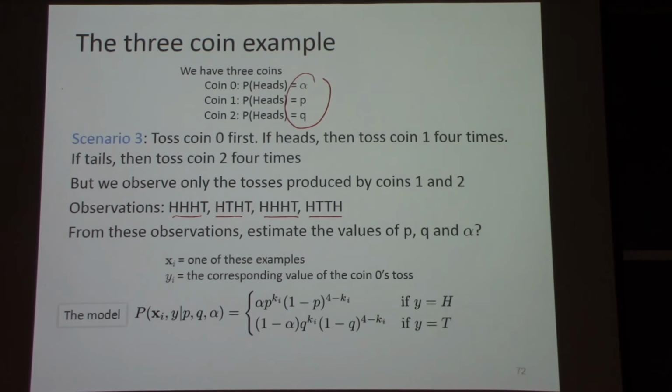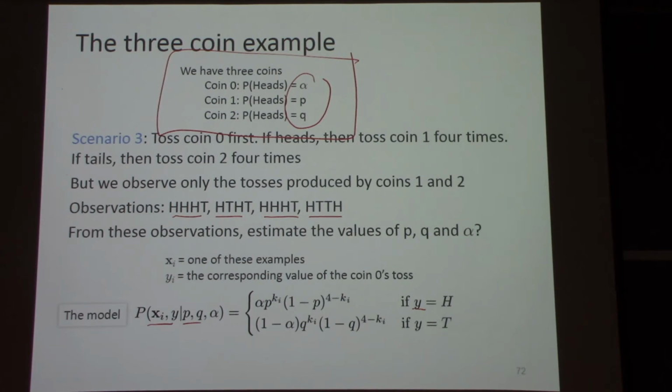The model we have, according to the assumption on top, is the probability of x and y. If I had alpha, p and q, then if coin 0 said heads, you get heads with probability alpha.